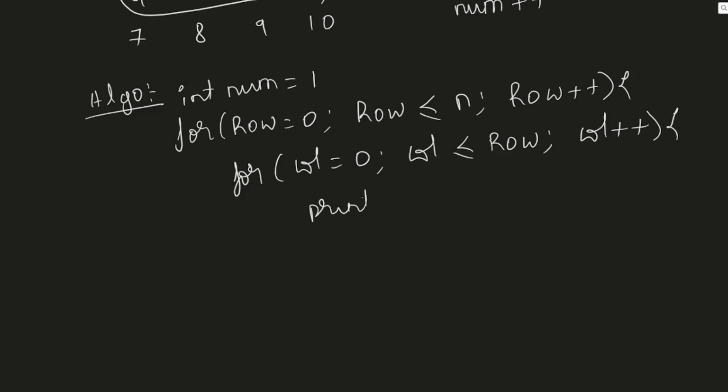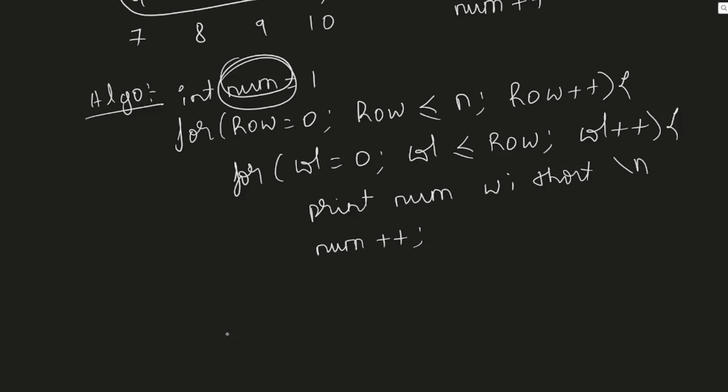Print the value of number without new line characters. Soon after printing the number, increment it by 1. So the next column index takes the incremented value of number. That's it. After every row, print a new line character. We are done with pattern 7.